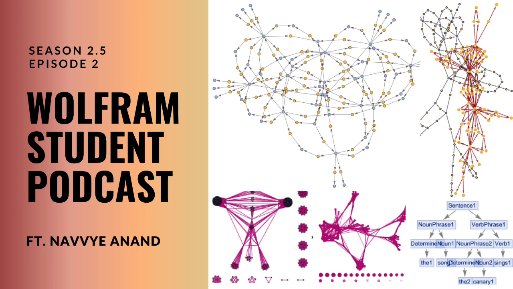Yeah, that's really wicked. Do you want to give us a few more details about what your experience was at camp and what kind of work you do as a student ambassador? Sure. So at camp, I was in the computational linguistics group, and my project was exploring the computational dynamics of formal language syntax using multi-way systems.